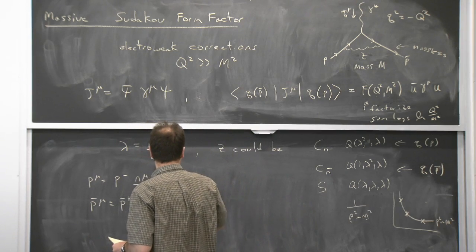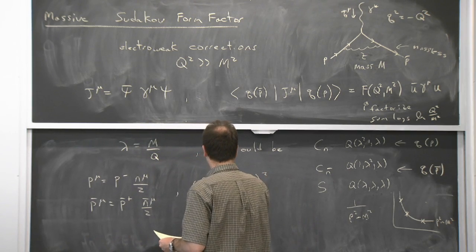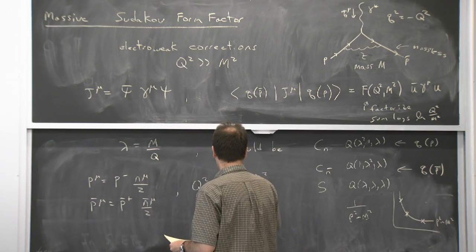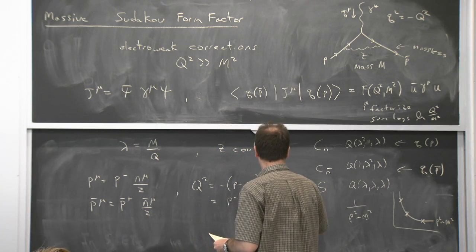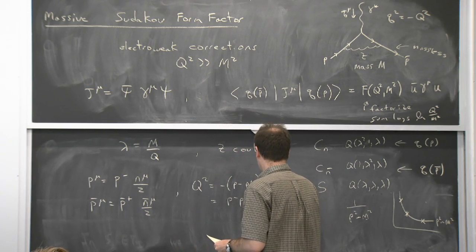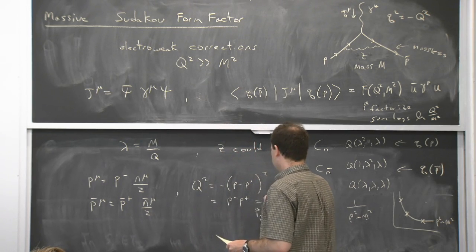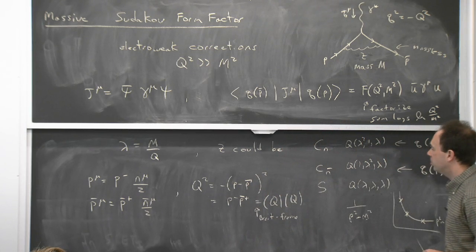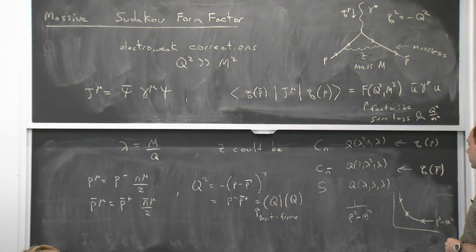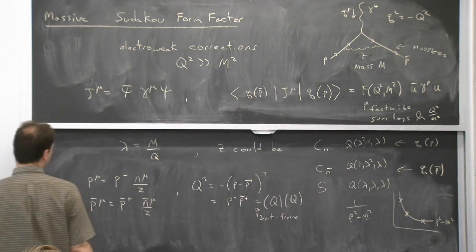And if you go through the kinematics, Q squared, which is minus q prime squared, if you square that, you just find it's p minus p plus. And we're just effectively, if we pick the Breit frame, which is what we're going to do, each one of those is separately Q. The large components are just fixed to both be Q.